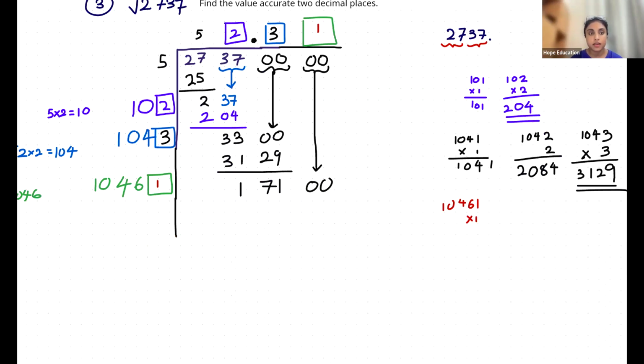Wait, let me move this here. I get 1046, right? Okay, that seems just enough. But just to make sure, we will put 2 and see.